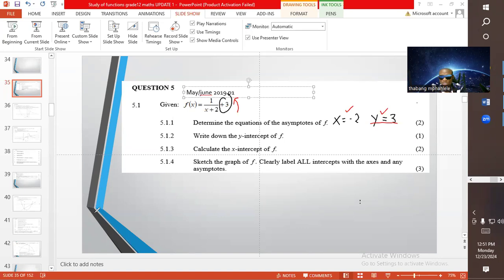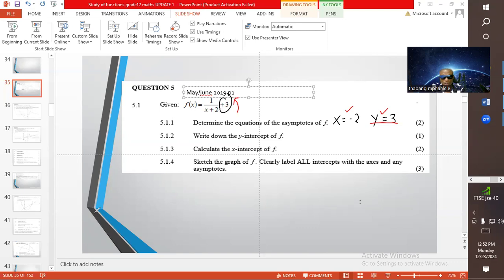And on the third question, the examiner says, give us the x-intercept. We need those three things when we want to sketch the graph of a hyperbola. You must have the asymptotes, the y-intercept, and the x-intercept, and then you will be able to sketch the graph. So I love the way the examiner is bringing the questions here.